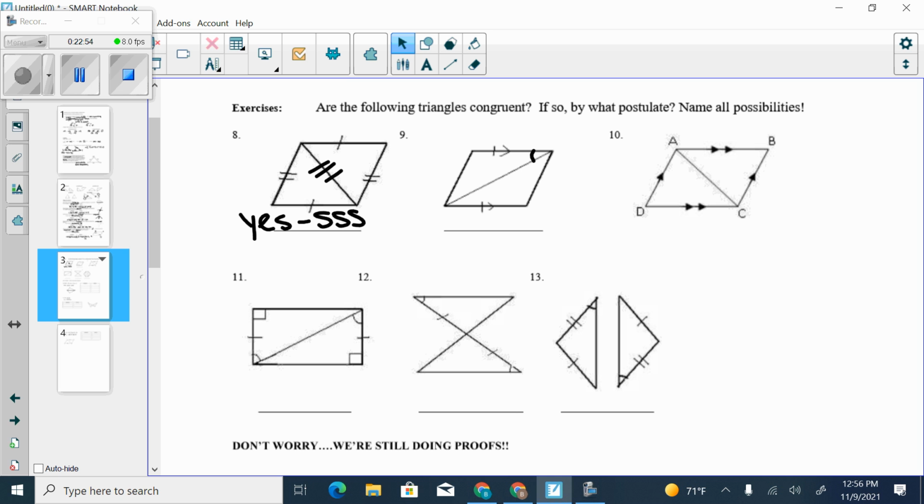So I could have one here. I could also have them on the other side. Okay, so alternate interior angles. That gave us 2 sets of angle pairs, and we already had a side marked as congruent. So are these 2 congruent? By very good.